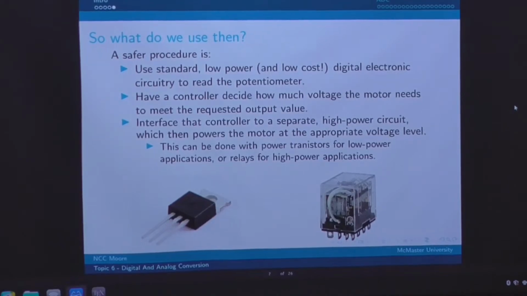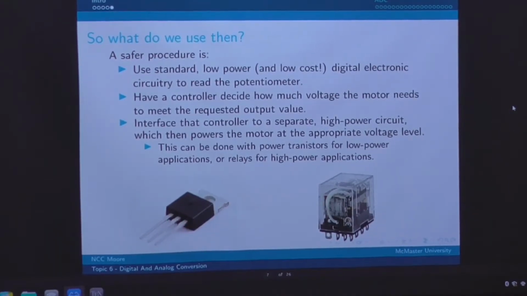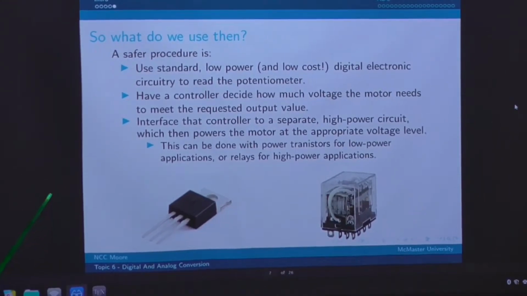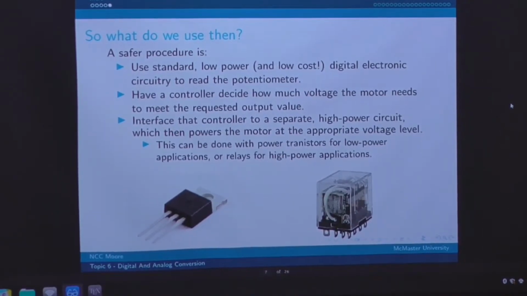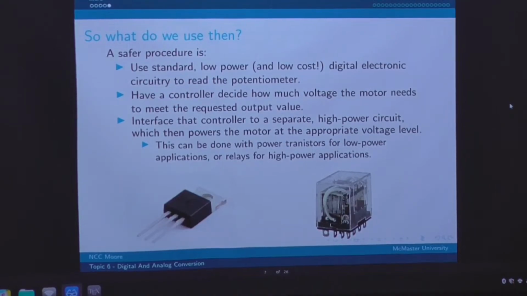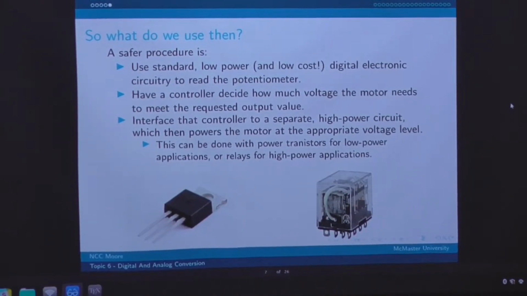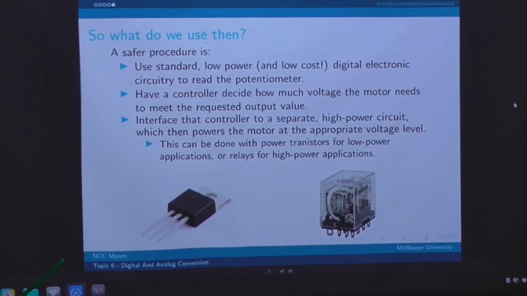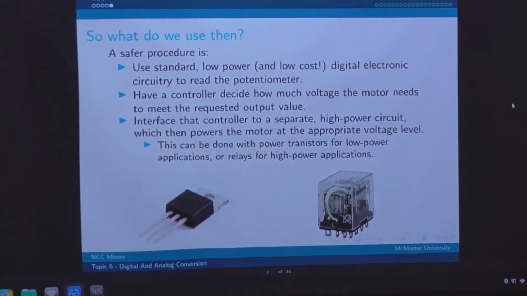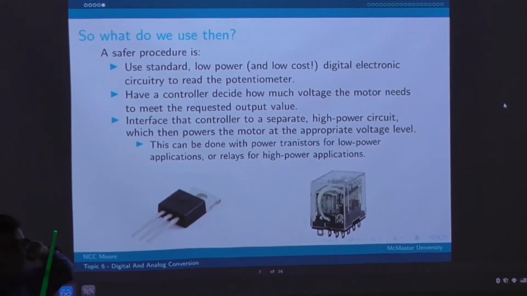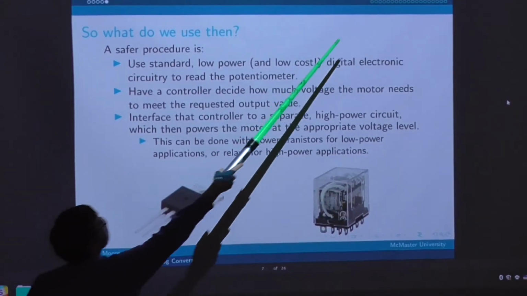So what do we use instead then? Well, for acquiring the position of the potentiometer, we use standard low power, low cost digital electronics. And of course, the types of things that we're going to be talking about in the analog to digital conversion section right up there.